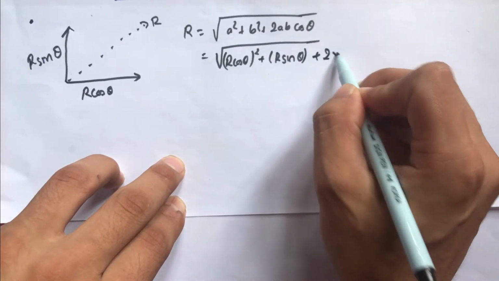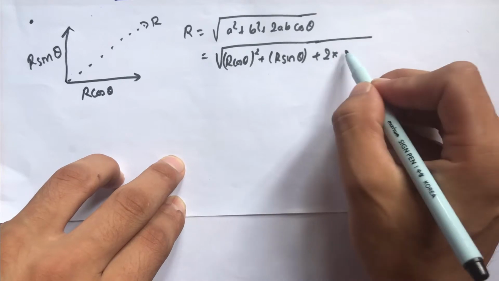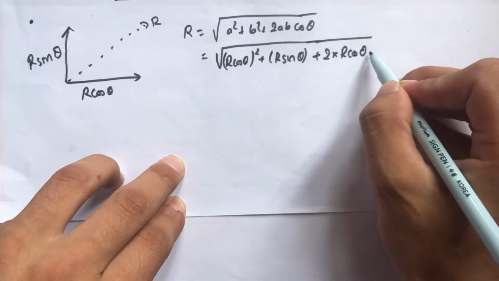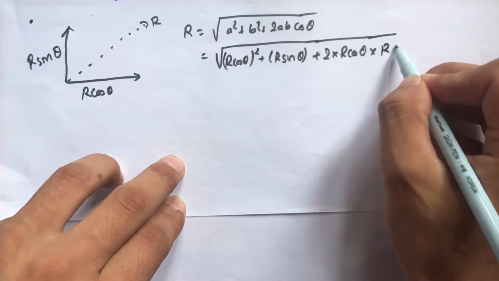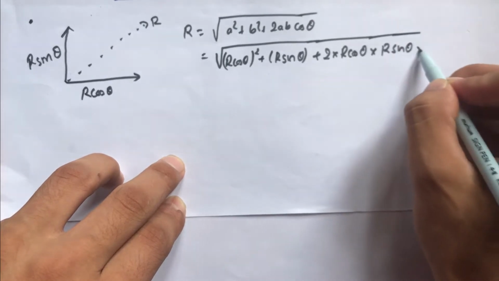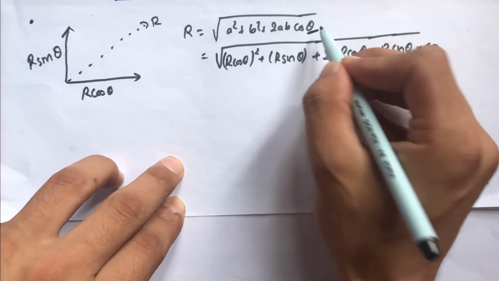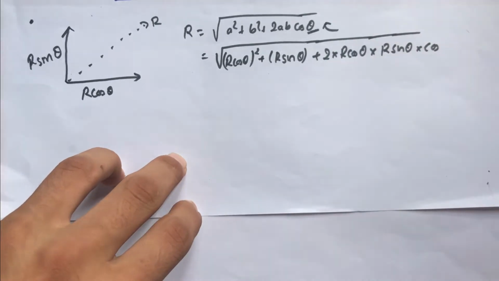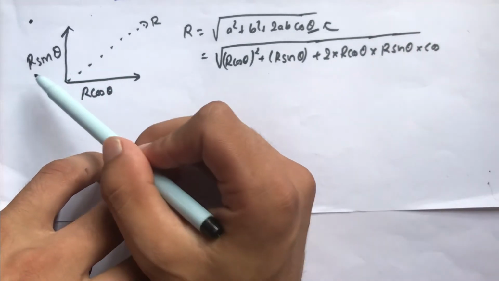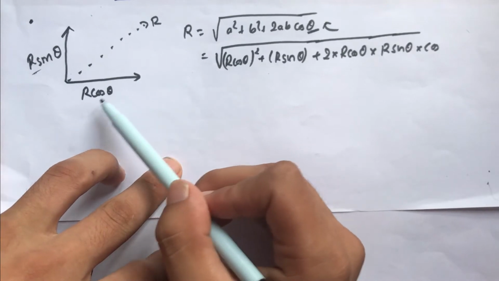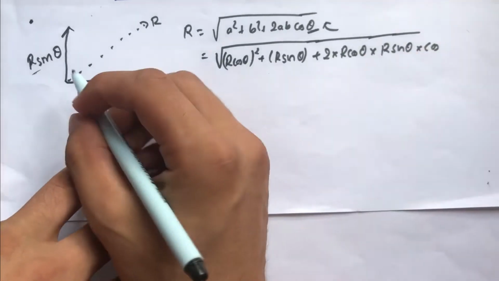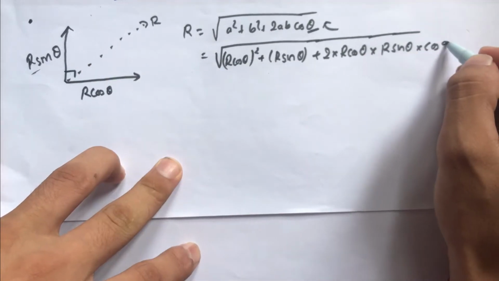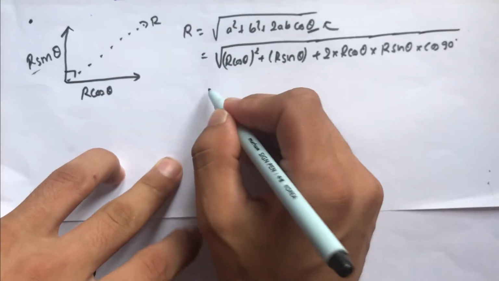So 2 times R cos theta times R sin theta, and cos theta. This theta is not this theta, right? This theta here is the angle between the two vectors, and in my case vector R sin theta and vector R cos theta, the angle between them is 90 degrees. So I'm going to put 90 degrees.